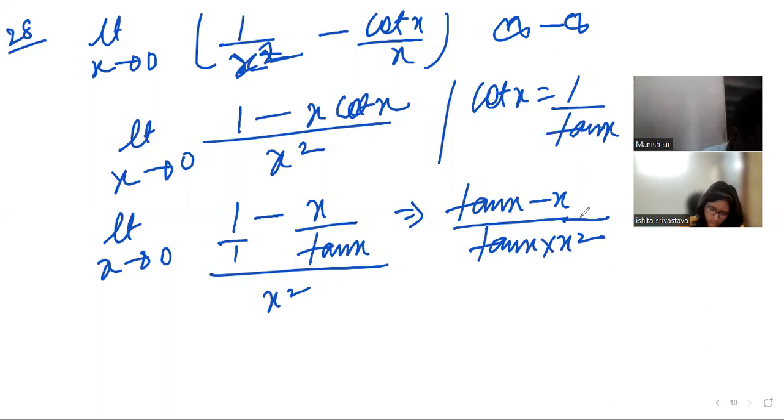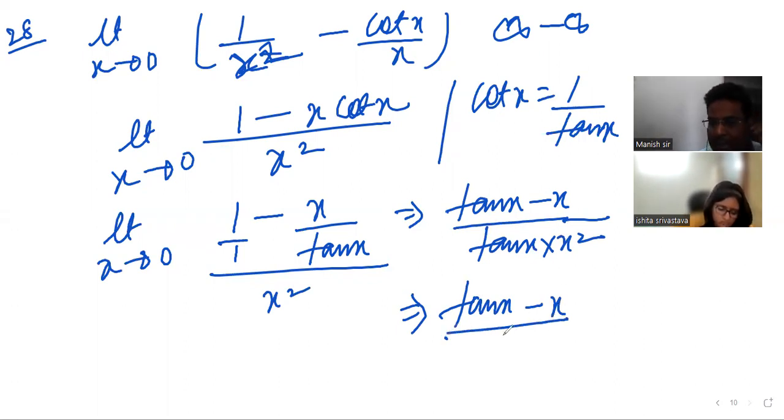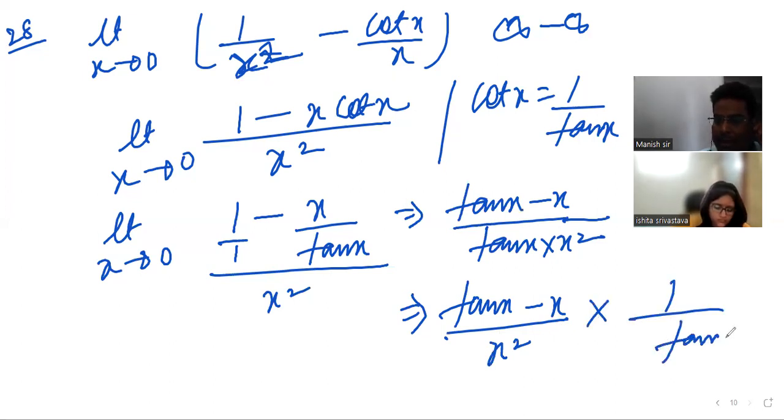Now differentiate it, or you can take it like this also. This can be written in this form also: tan x minus x by tan x into x square. Here I am taking x square, and here 1 upon tan x.